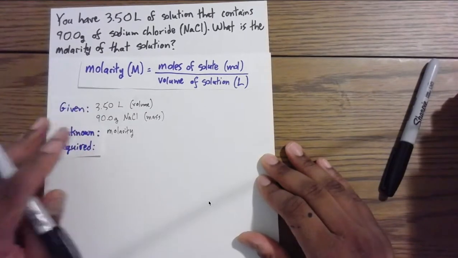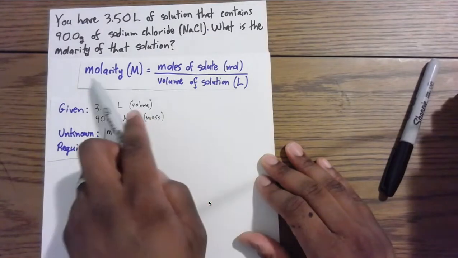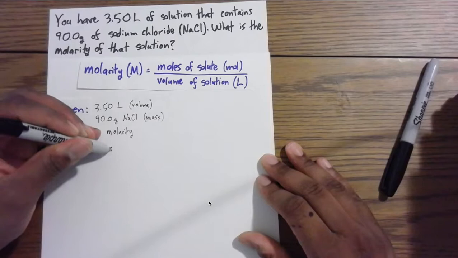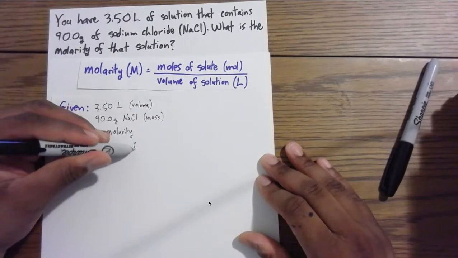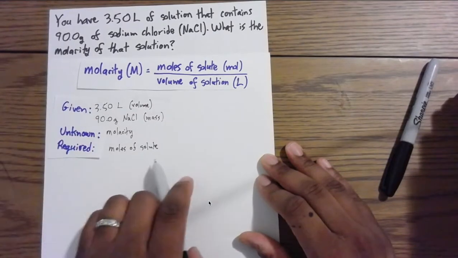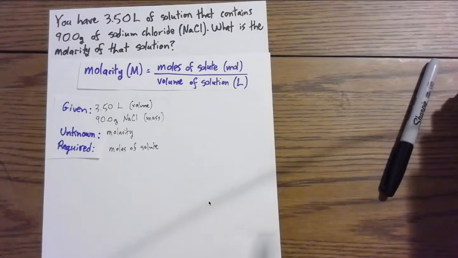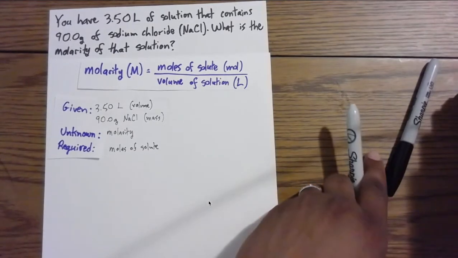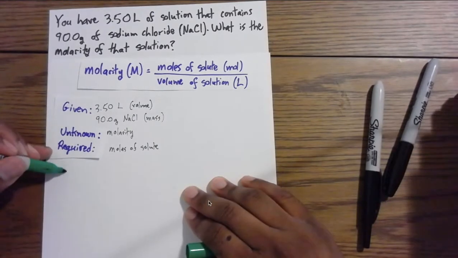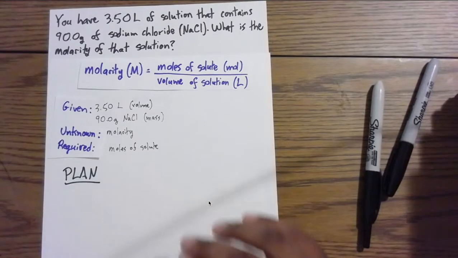We have our volume, and we're looking for molarity. We need moles of solute. That's required. We don't have that, but once we get that, we'll plug it into the equation. So our plan is as follows.